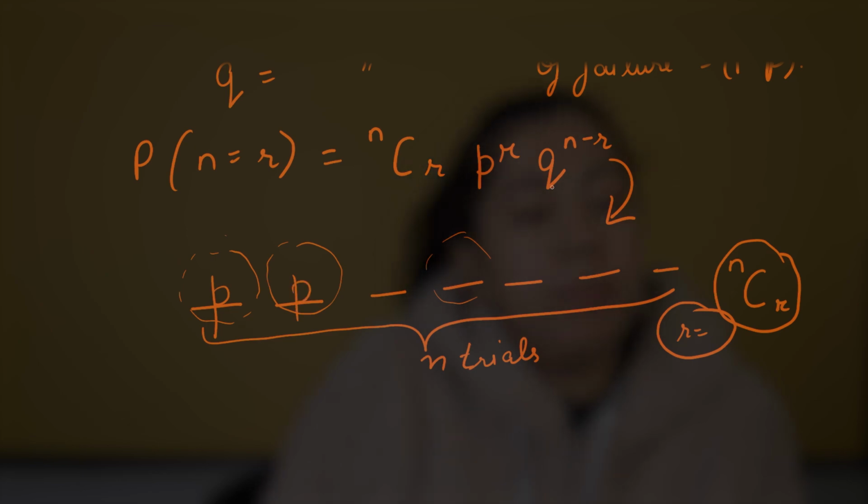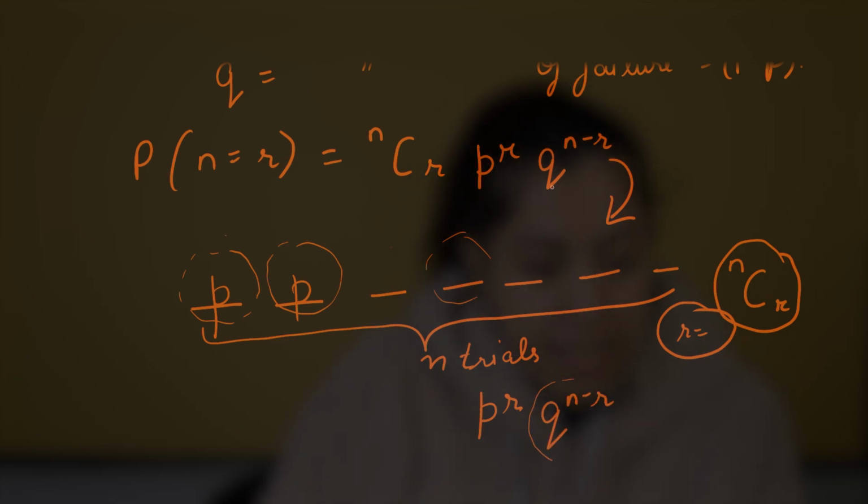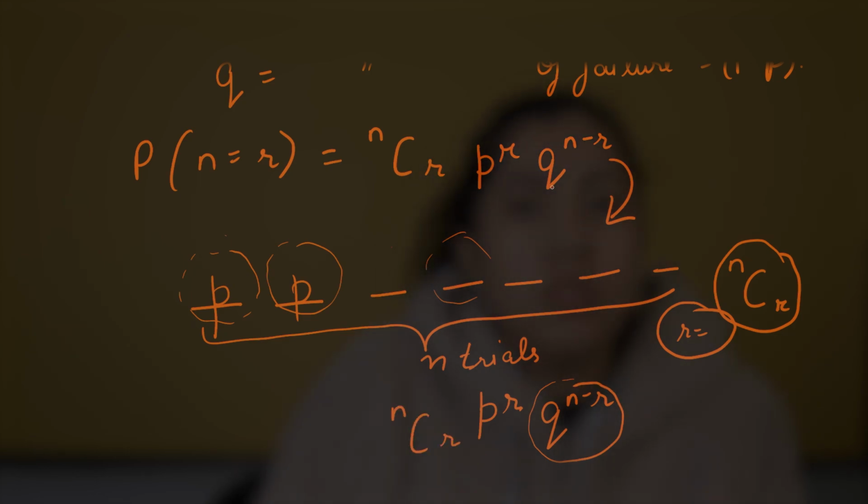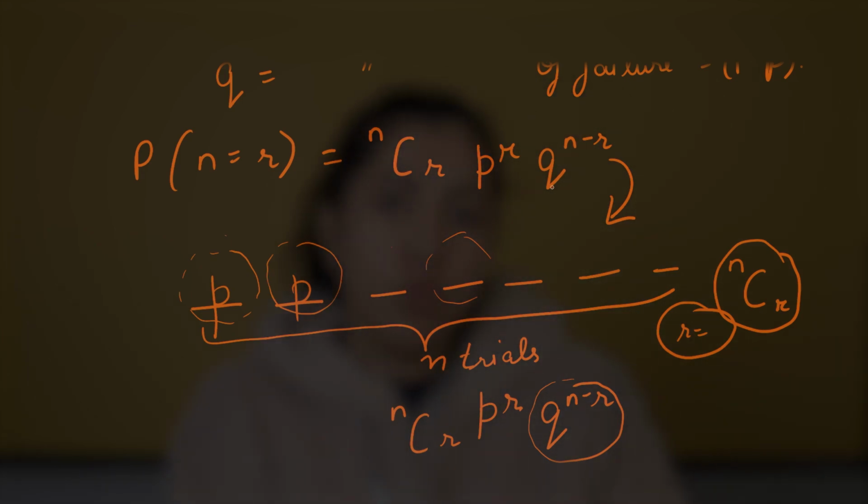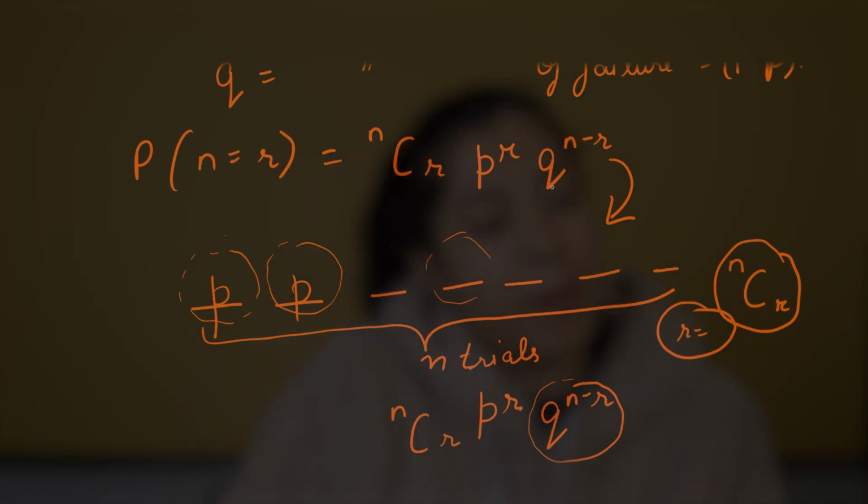So that will be p times p times p, and so on, till the number of R's we have, that is p to the power R. And hence we have the probability of failure q, n minus R number of times, that is q to the power n minus R, the remaining places. That's how it follows that the probability of X equal to R is equal to nCR p to the power R q to the power n minus R.